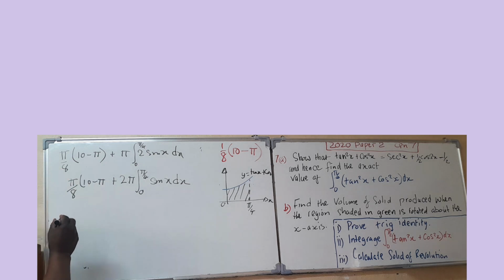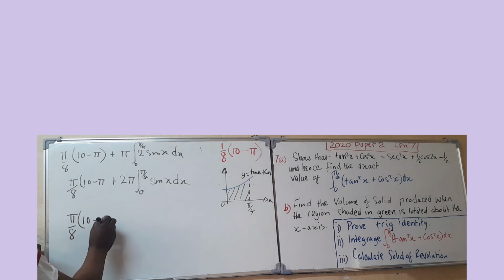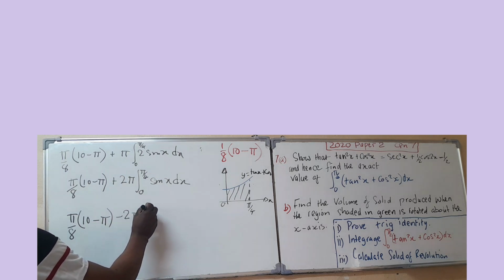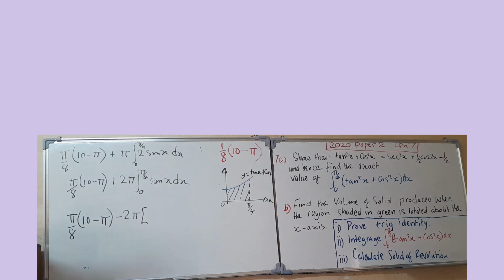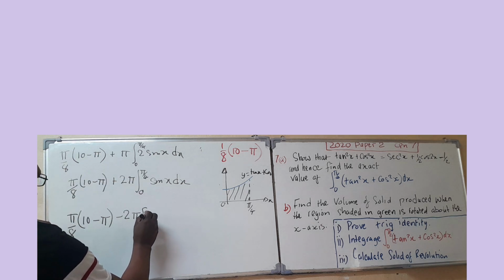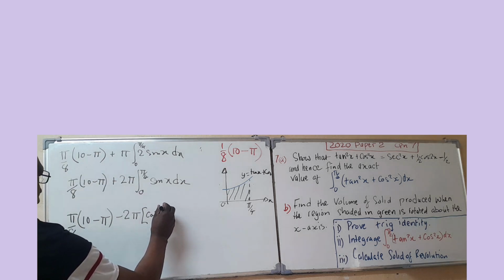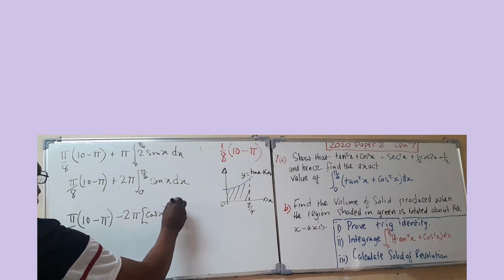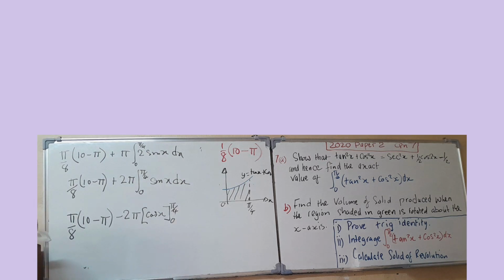So this becomes pi over 8 bracket 10 minus pi bracket, now this becomes a minus 2 pi multiplied by cos of x evaluated from 0 up to pi over 4.